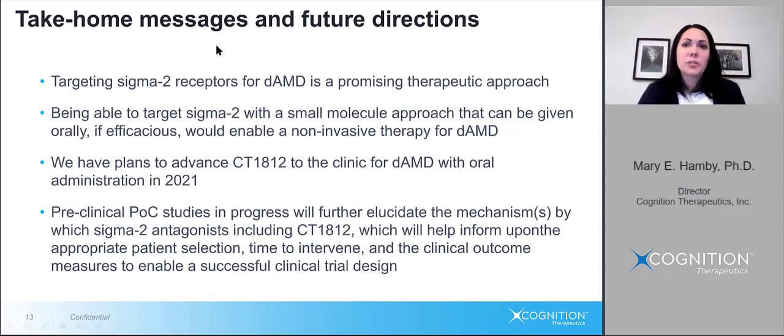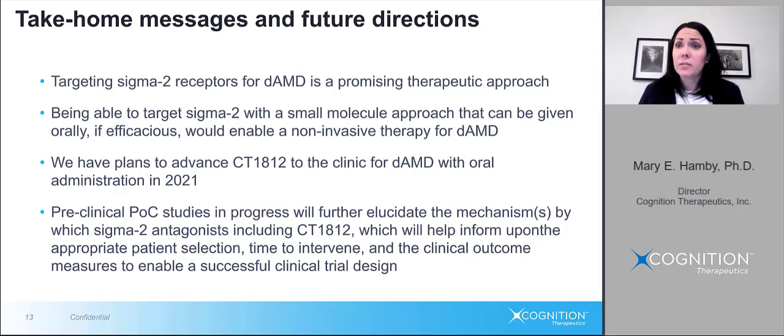The take-home messages and future directions I'd like to leave you with are that targeting sigma-2 receptors for dry AMD is a promising therapeutic approach. Being able to target sigma-2 with a small molecule approach is advantageous, and if given orally, if this mechanism of action is efficacious, this would enable a non-invasive therapy for patients with dry AMD.